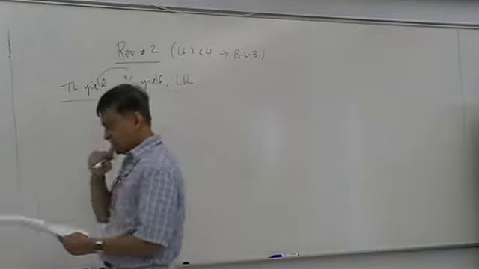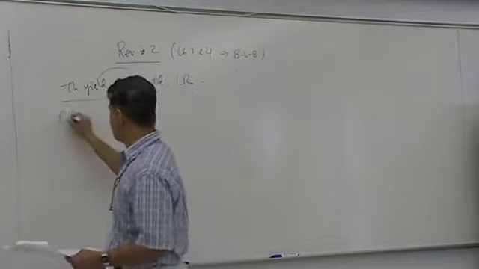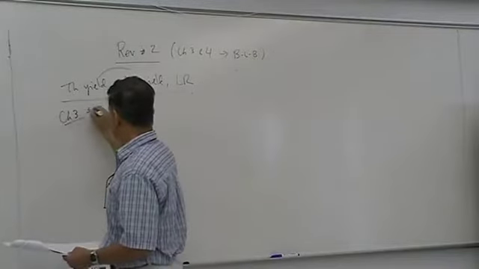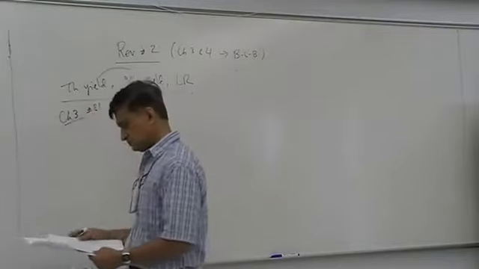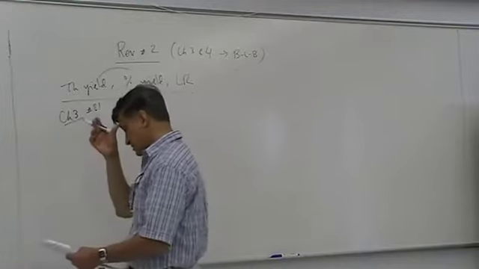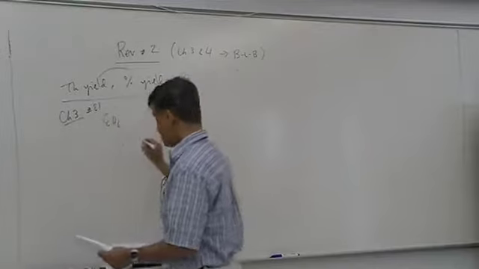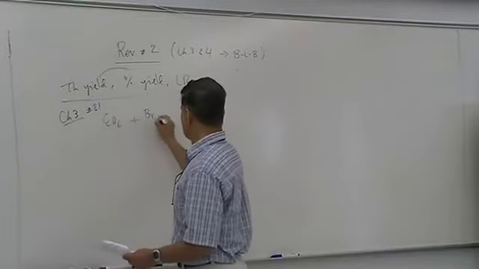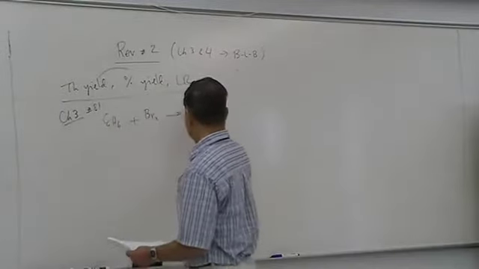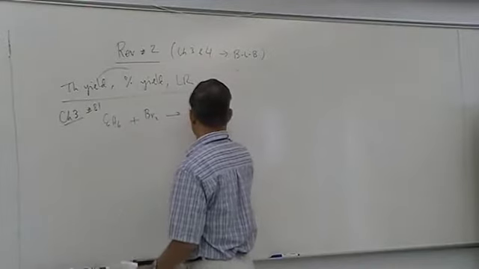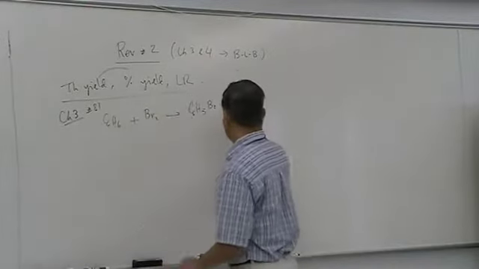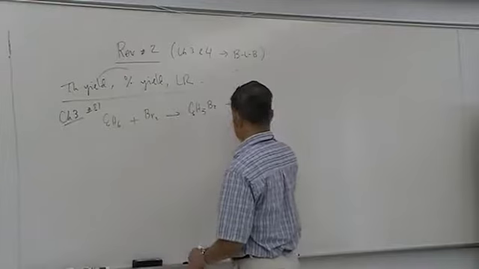So I picked one problem from the book, which is chapter 3, number 81. And this problem is on C6H6 plus Br2 that gives C6H5Br plus HBr.